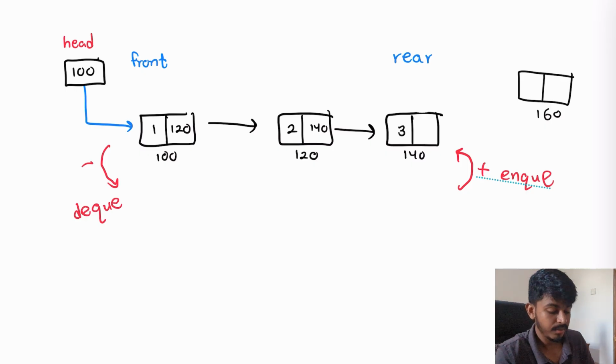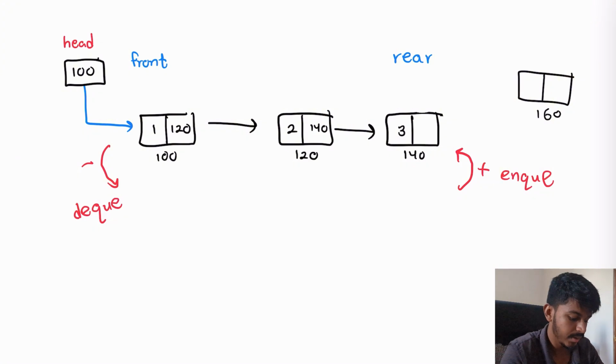Now the second rule, the time complexity rule, order of 1. So what does that mean? It means that both enqueue and dequeue should be done in order of 1 time complexity. To achieve this, first let's look at the dequeue part. As you can see, in dequeue there is the pointer pointing towards the first node, so that can be accessed easily using this head pointer.